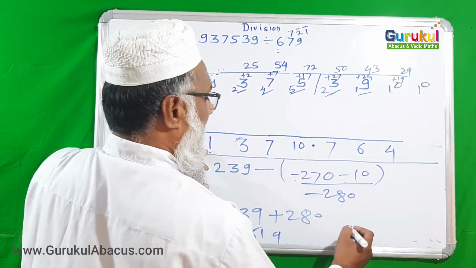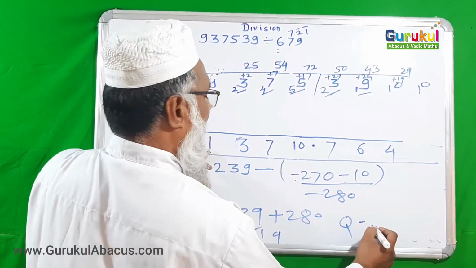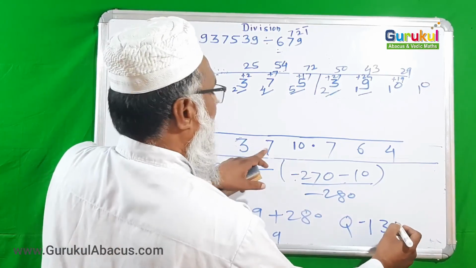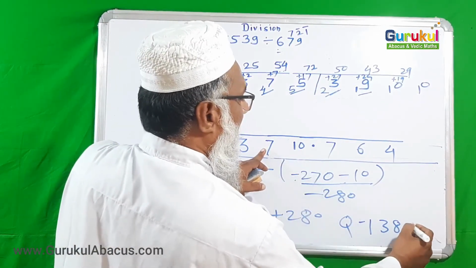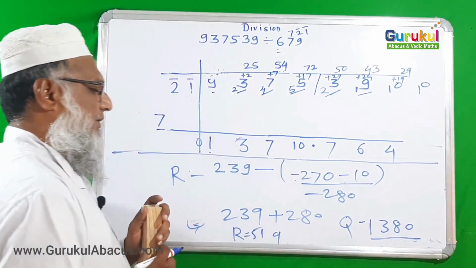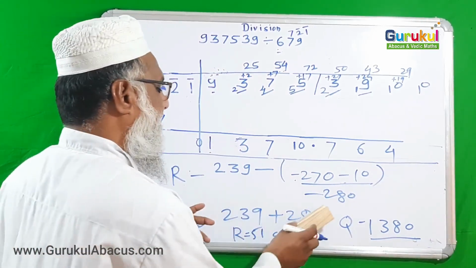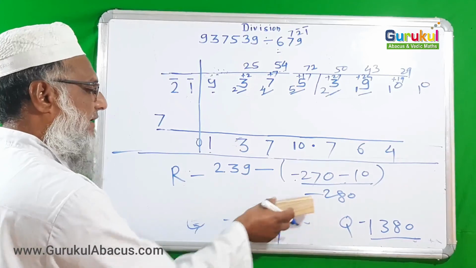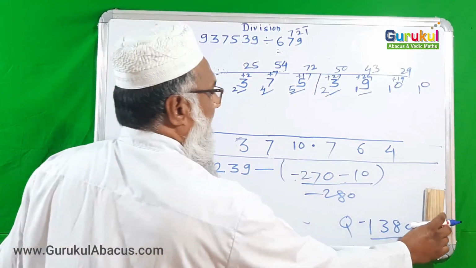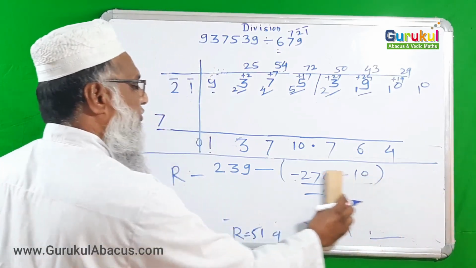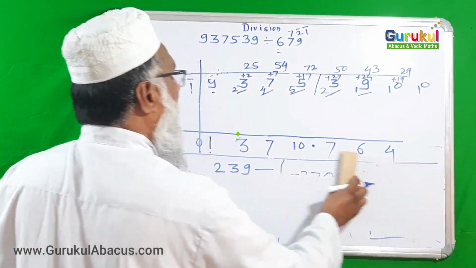Just keep here, the quotient is 1380.78, as I have just taught you, and this is the quotient. This is the remainder, and this is the quotient. Again we are taking one more example, so our understanding would be more clear by it.